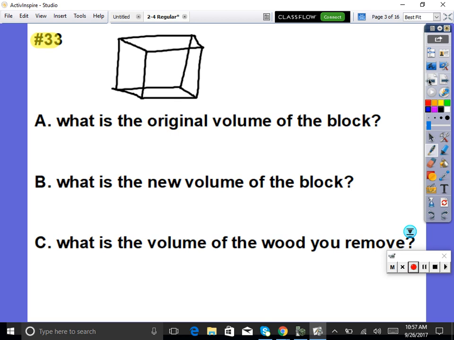33 says, you have a block of wood that you want to use to make a sculpture. The block is currently 3x units wide, 4x units high, and 5x units deep. So I'm going to draw myself a picture. So 3x, 4x, and 5x. Now it says, you need to remove 1 unit from each dimension before you can begin your sculpture.